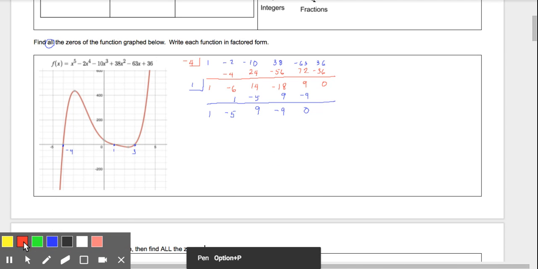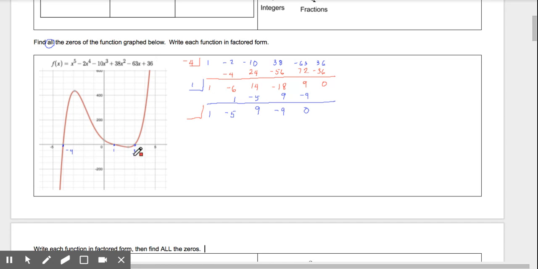Then we'll put here 3. So we bring down 1. 1 times 3 is 3. Negative 5 plus 3 is negative 2.